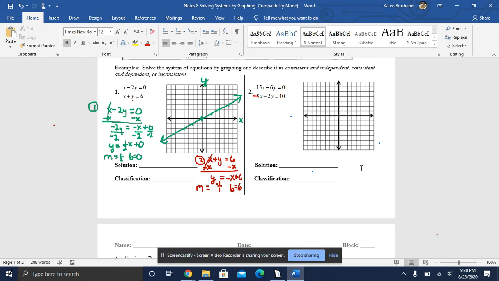So we want to start this graph. This is equation number 2 on the y-axis at the 6. So there's the 0, 6. And then your slope is negative 1. So moving down 1, right 1.